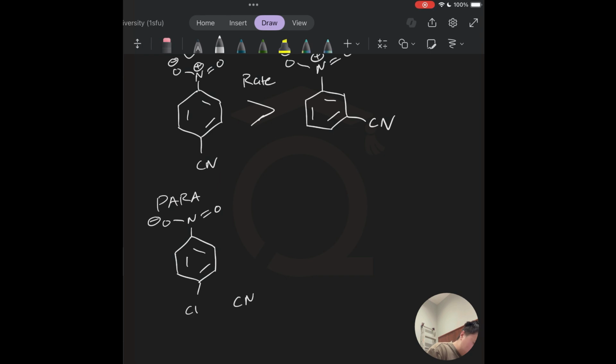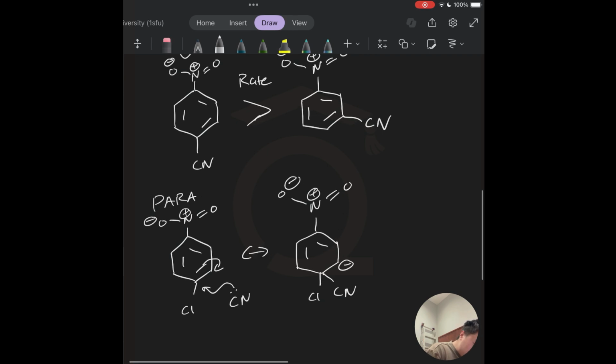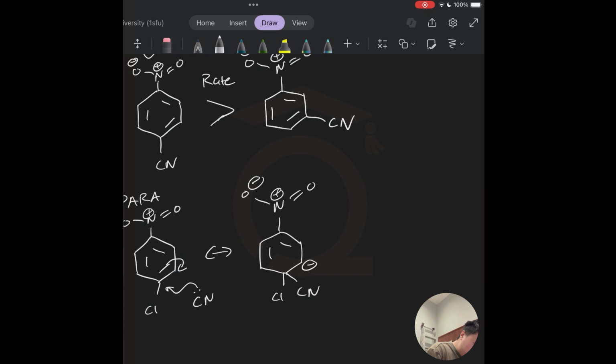Right, you have this resonance structure. You have this resonance structure.